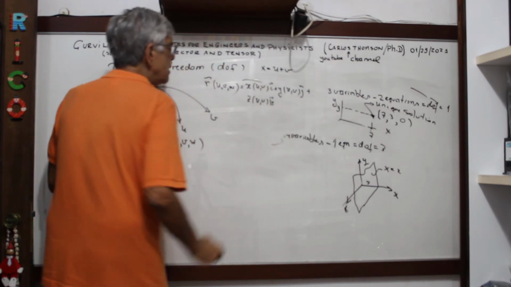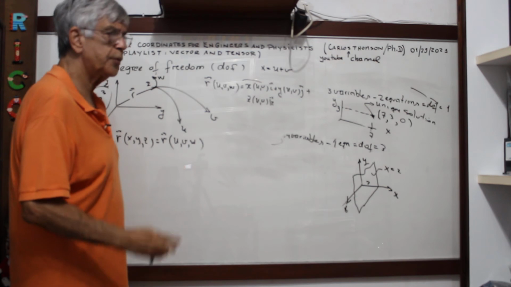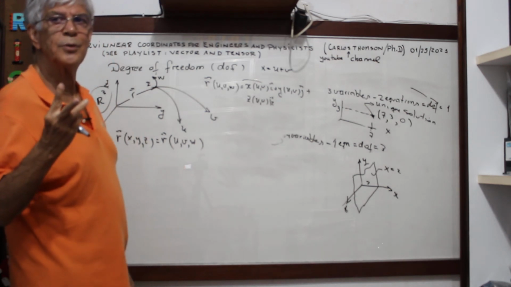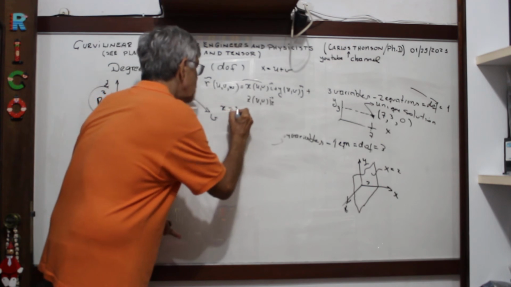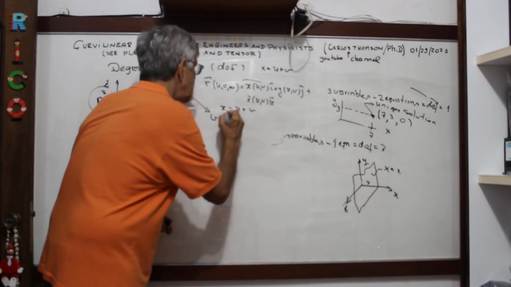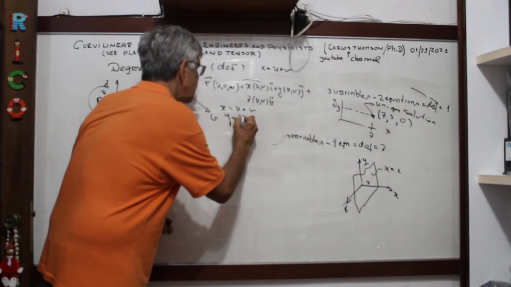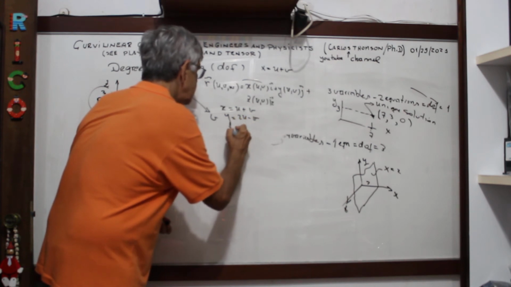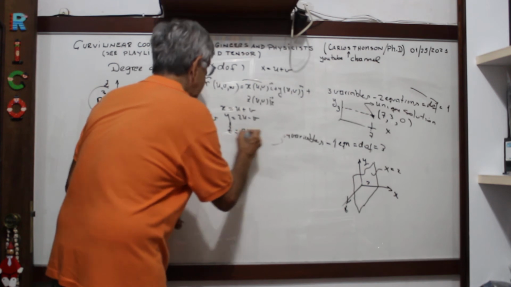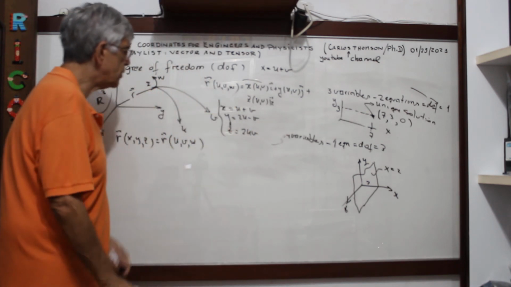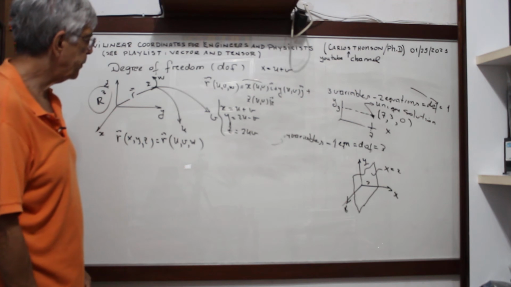It's clear that I have 3 variables, okay, and one equation, because I have to write x is equal to u plus v, y is equal to u minus v, and z is equal to uv. Suppose I have this.